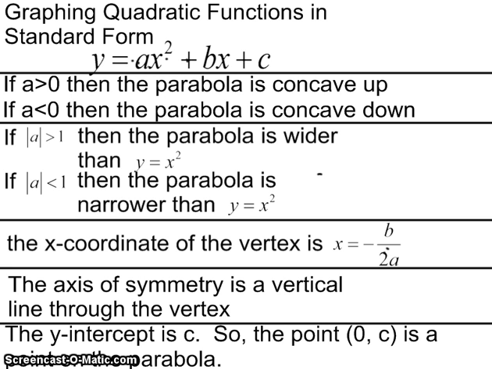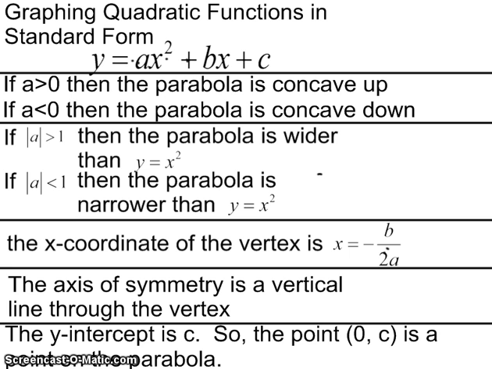Okay? Again, one more thing. Any number greater than 0 is positive. So another way to say the same thing is that if the A is positive, the parabola is concave up. If the A is negative, the parabola is concave down. And now, I'm going to tell you an easy way to remember that.